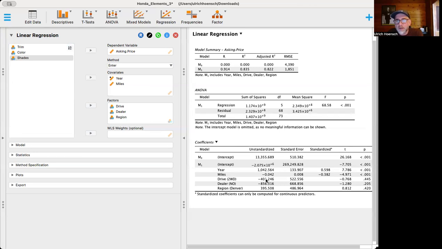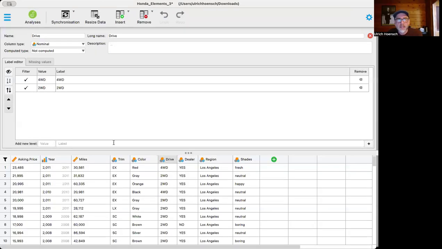Then we also have the effects for those categorical variables with two levels. The way to read this is that whatever is in parentheses here is not the base level. If you go back to the data and look, for example, at drive, the way it appears here is that the first level is four-wheel drive, which is the base level.